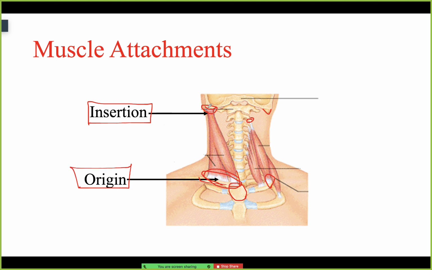The insertion is on the movable bone. So when this muscle contracts, this bone moves down closer to here. Essentially, when you contract this muscle, you're bringing your chin and maybe your lateral ear side where the mastoid process is closer down to your chest or to your shoulder.